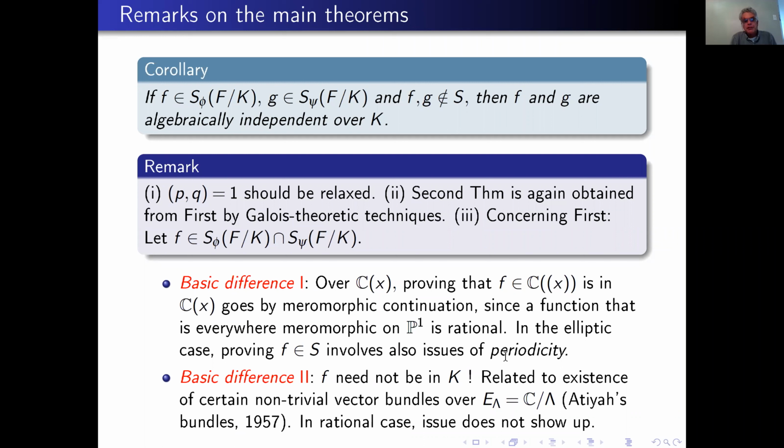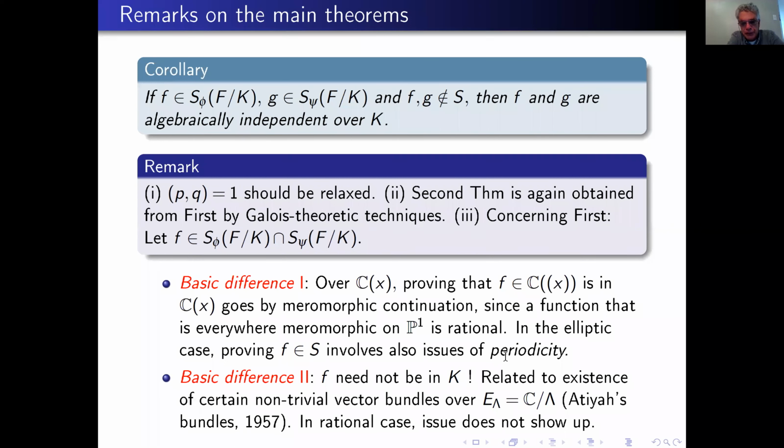So the basic difference, the second basic difference, is that this f eventually is not periodic, not even with respect to a sublattice of lambda, but lies in this larger ring S. And this, in retrospect, reflects a deep algebro-geometric issue of existence of non-trivial vector bundles over these elliptic curves, E_lambda, C mod lambda.